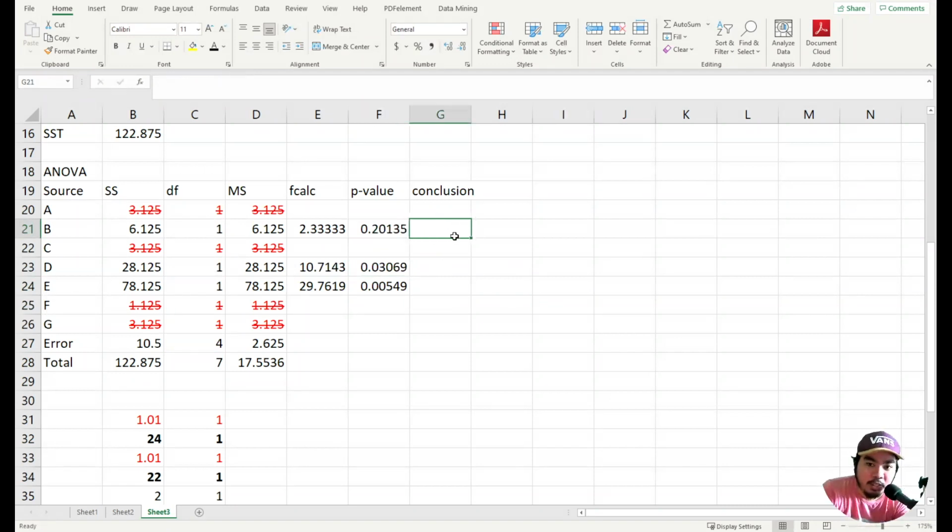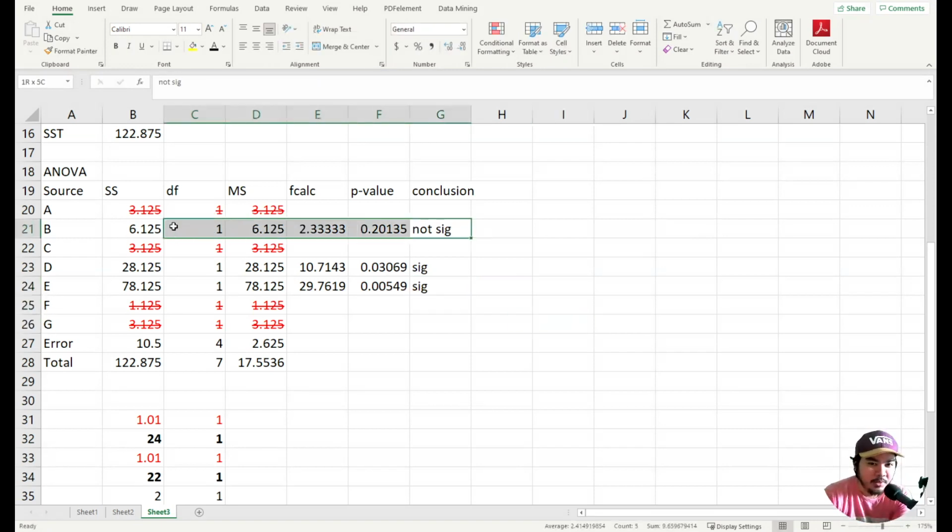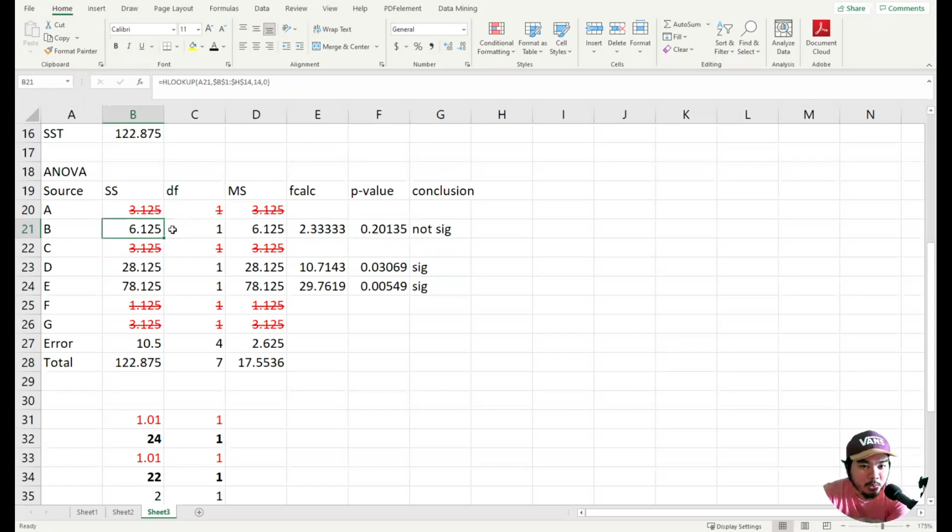This is not significant because it's greater than 0.05, and let's just assume 0.05 yung alpha natin. And this is significant because it's less than 0.05, and this is also significant. And you can see na not significant din. So maybe that's the reason that can justify why we can pool 6.125.